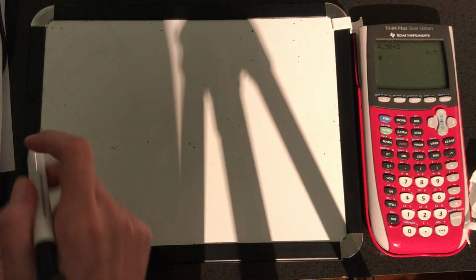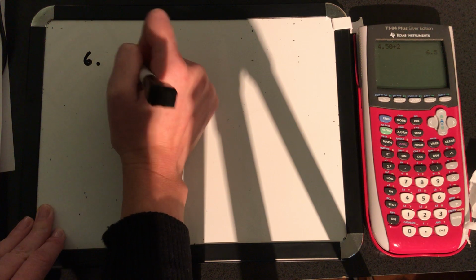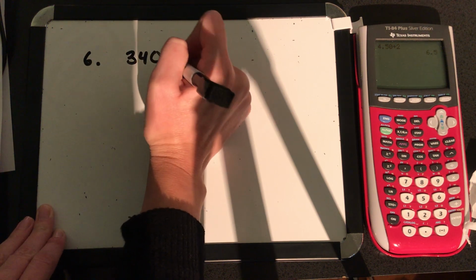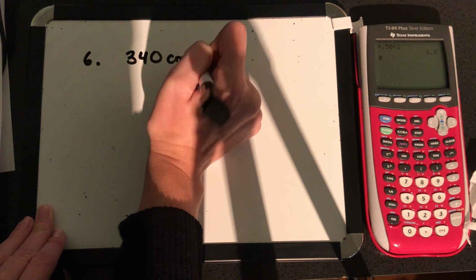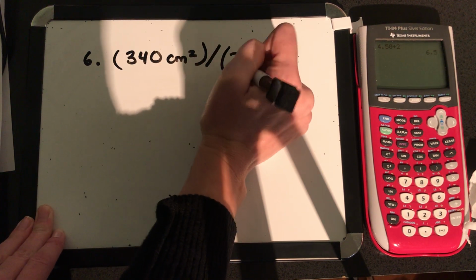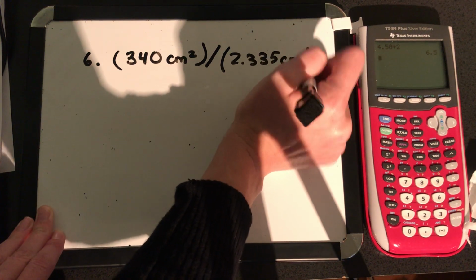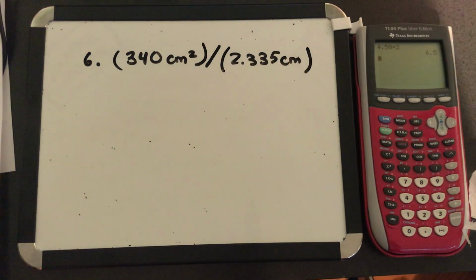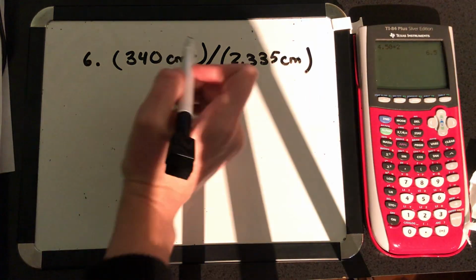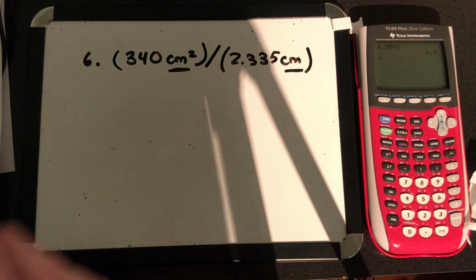So number 6 on part D of the same worksheet is 340 centimeters squared divided by 2.335 centimeters. The special thing about multiplication and division in this worksheet is our units, so I'll explain that at the end when we're adding our units.